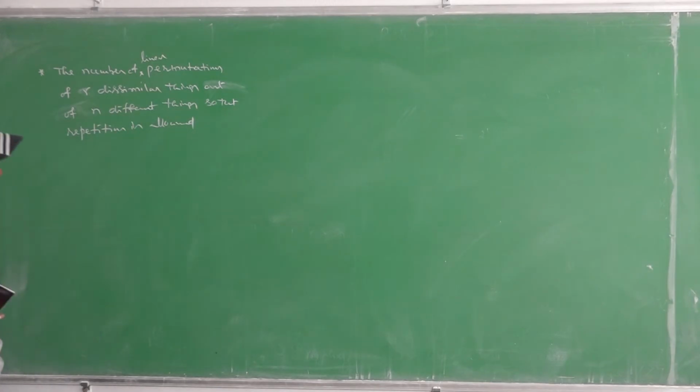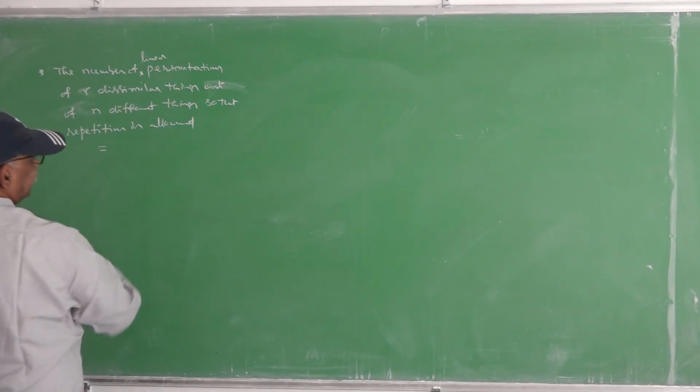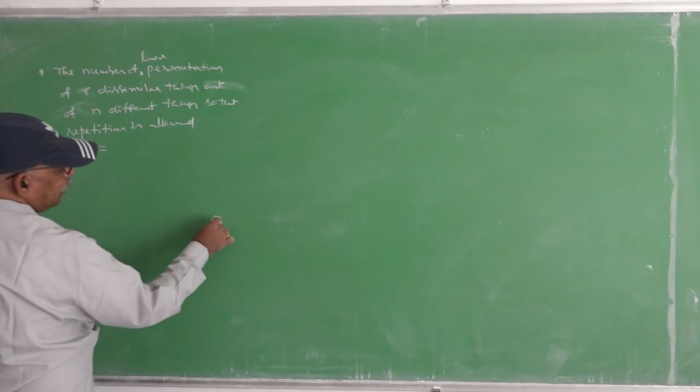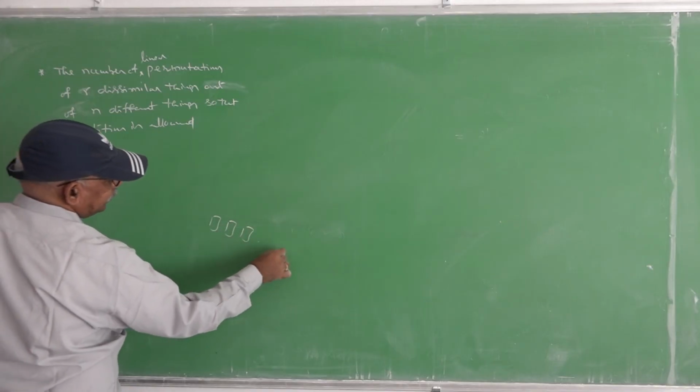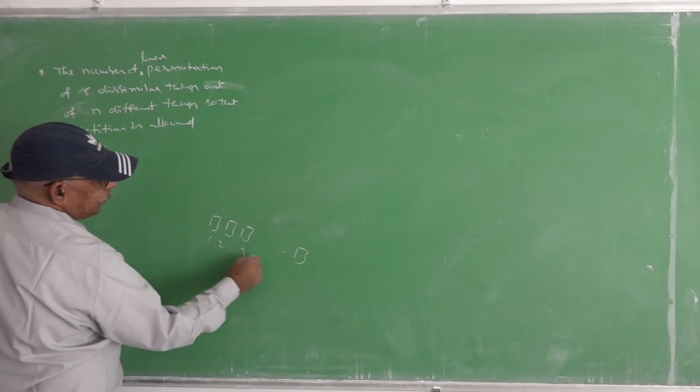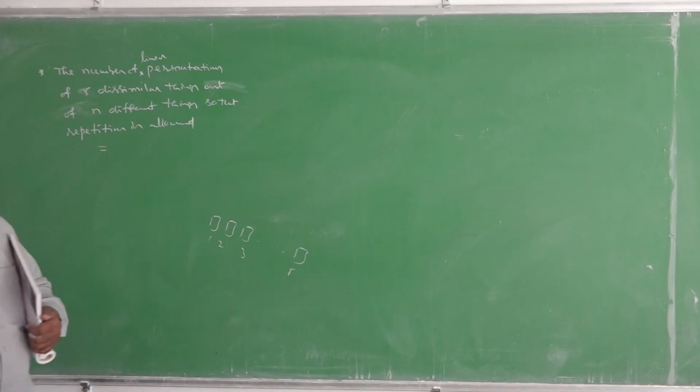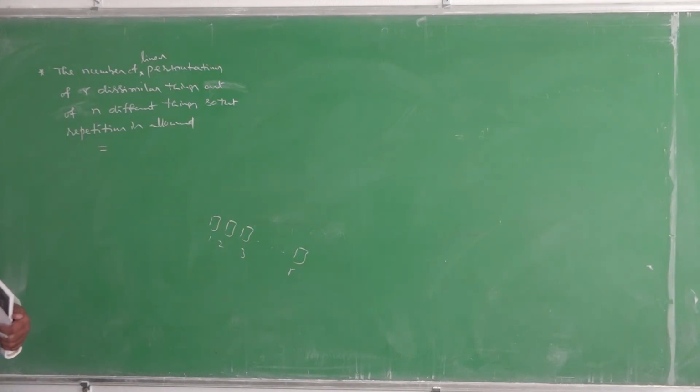Once repetition is allowed, the number of ways of arranging r dissimilar things taken out of n different things. So here you have to fill r blanks with n different things.